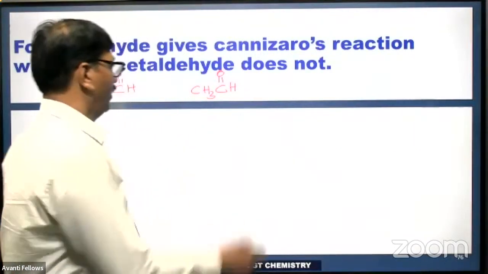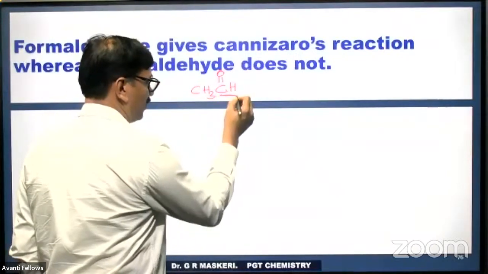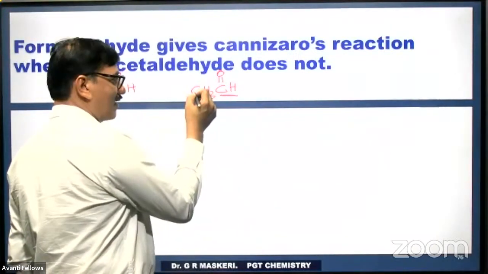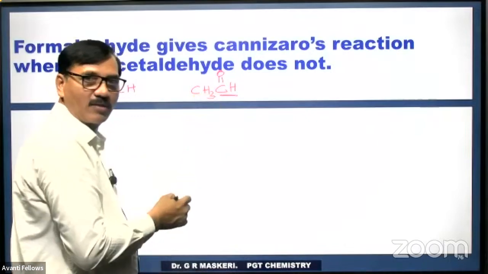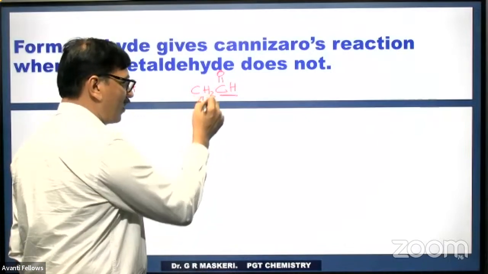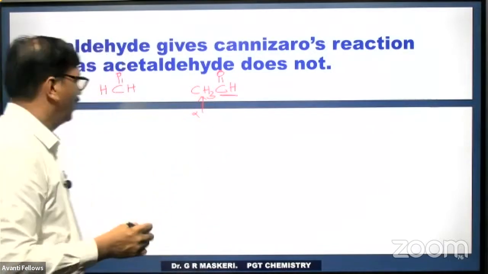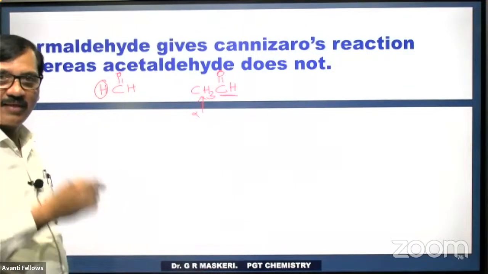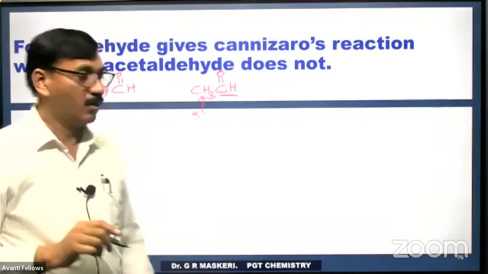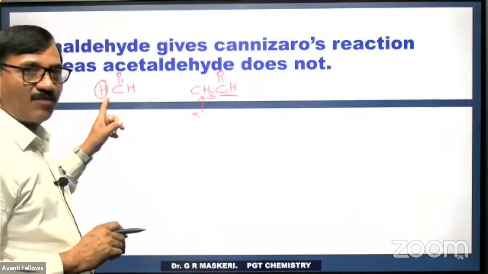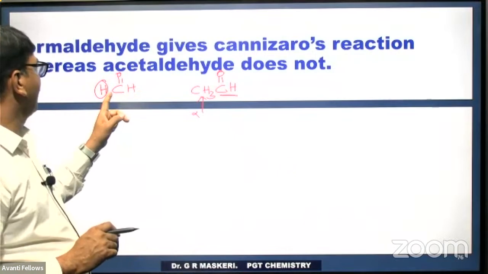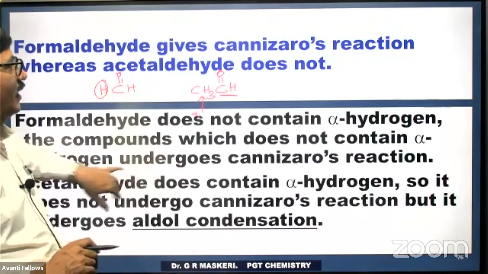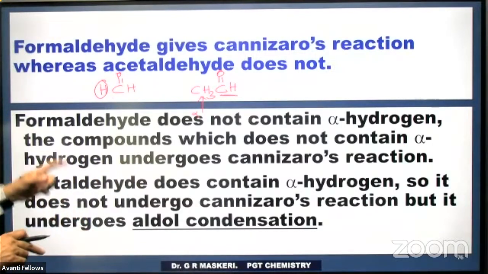This is the functional group, and the carbon next to it is the alpha carbon, which contains alpha hydrogen. But there is no carbon at all here. That hydrogen should be linked to a carbon, so this is not an alpha hydrogen. Therefore formaldehyde undergoes the Cannizzaro reaction.